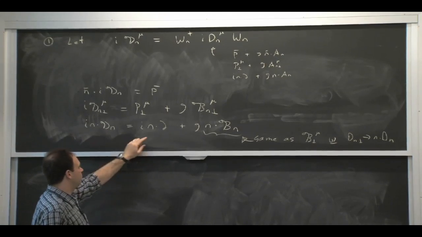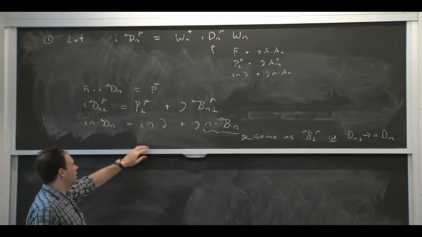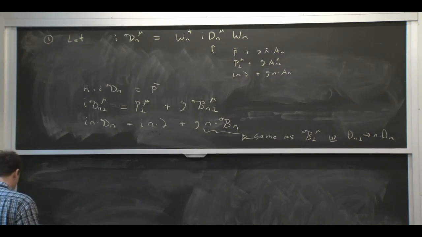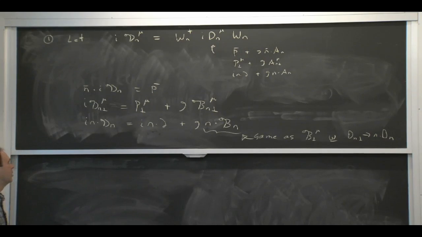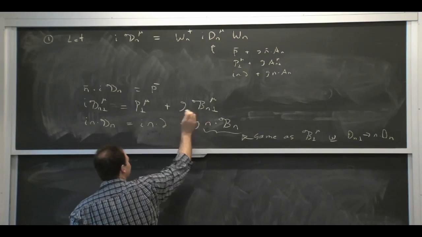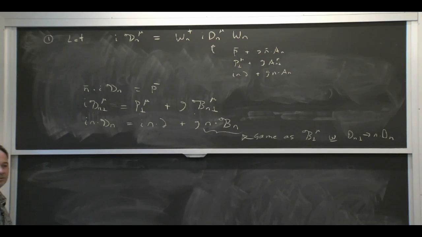So why not, and furthermore, why not have operators that depend on this n dot partial? So for P bar, we don't have to worry about that. I said we'll include this, we'll include that. I didn't say we'll include this, this, and this. So there's three things I have to argue away here.